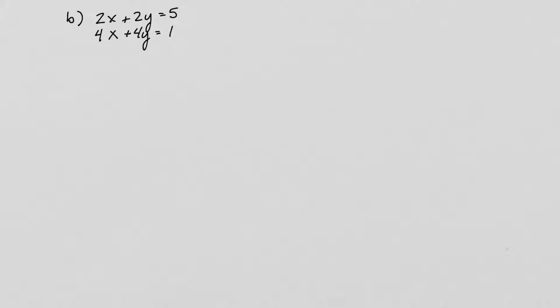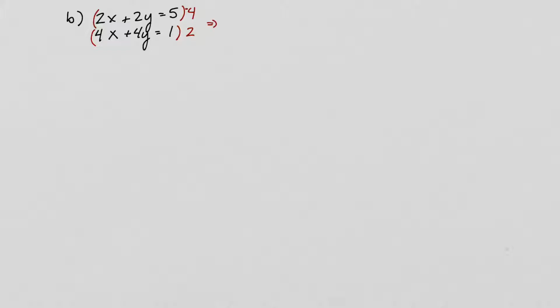Again, if I look at these, I'm going to multiply the top equation by 4 and the bottom equation by 2 to get them to cancel out if I'm going to get rid of the x's. They're both positive, so I need to multiply one of these by a negative, so we'll make it the top one.